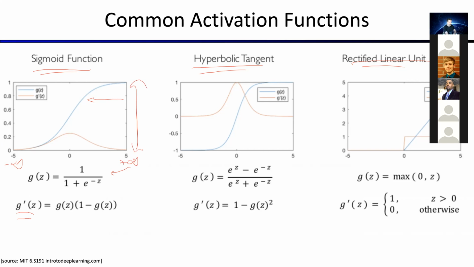The hyperbolic tangent is centered around 0. As you go to positive infinity, it gets closer to 1, and the other way around, it gets closer to -1, instead of 0 as in the sigmoid function.